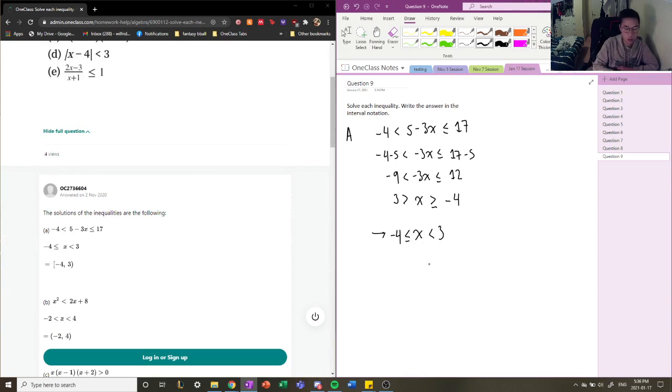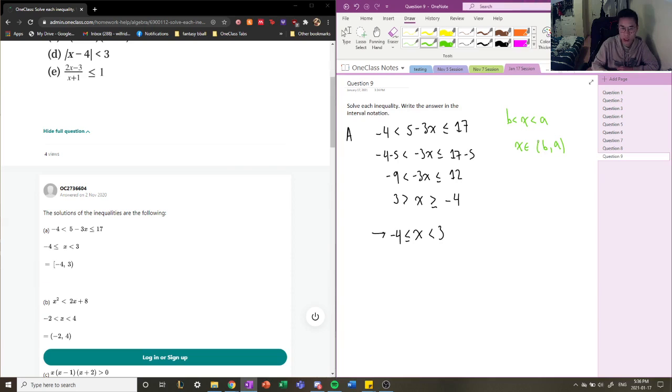What is meant by interval notation is this notation. If we had x greater than a and less than b, interval notation would be x belongs to (a, b). Usually this looks like a coordinate, but in this case, this is what we call interval notation.